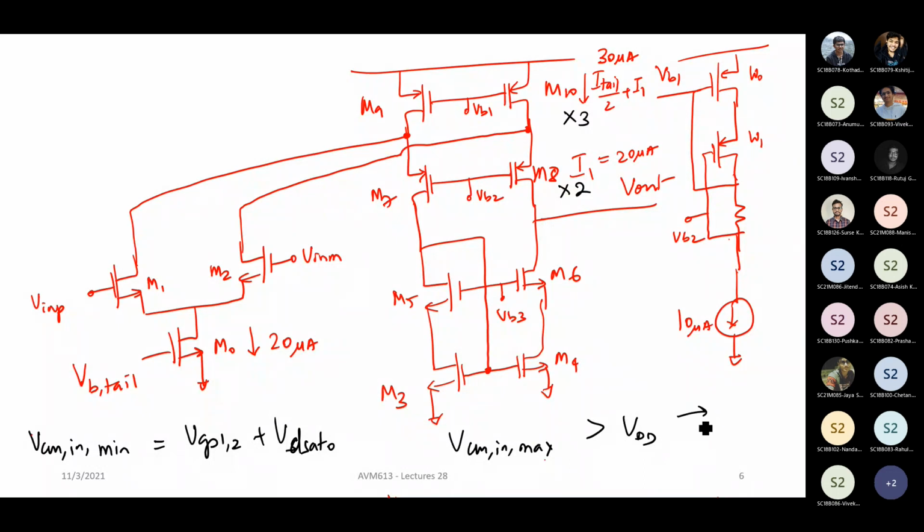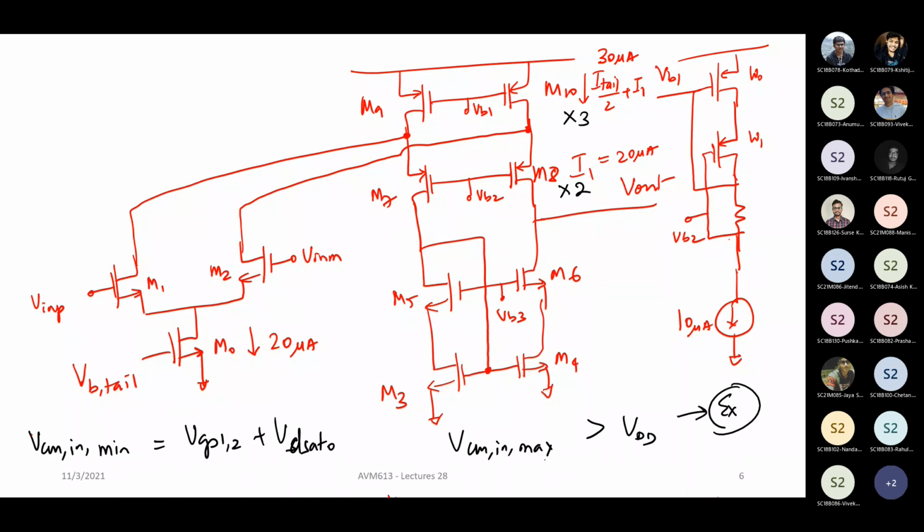All right. So this is your exercise, derive it and convince yourself that this is indeed the case. If you substitute some reasonable numbers, it will turn out to be greater than VDD.